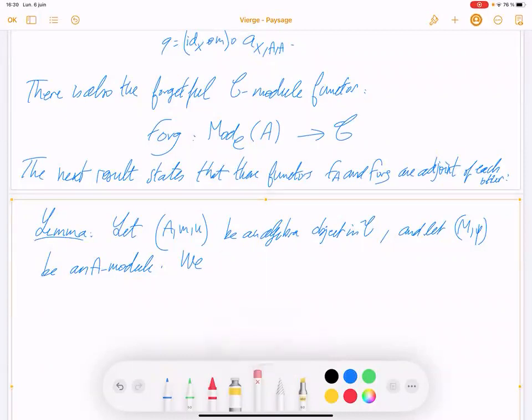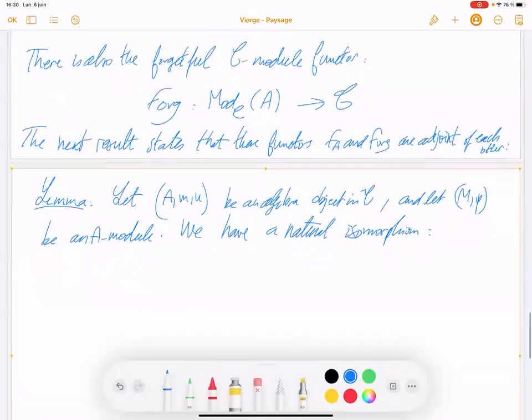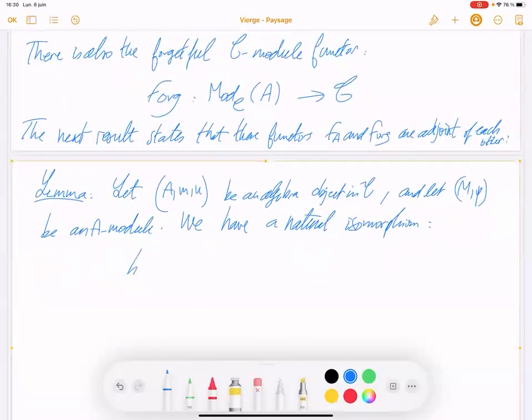So we have the natural isomorphism, defined, as any natural transformation is defined, as a collection of isomorphisms. So here is a collection.